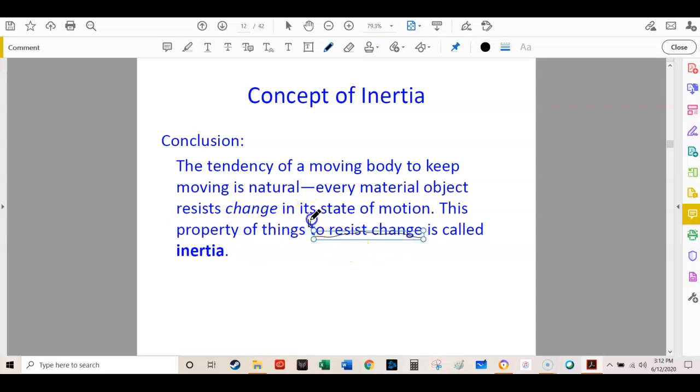It's your mass resisting the change in motion. If you're at rest, your mass wants to stay at rest, right? In order to move, something has to push you, right? An actual force has to be applied to you, which will then cause an acceleration and so on.